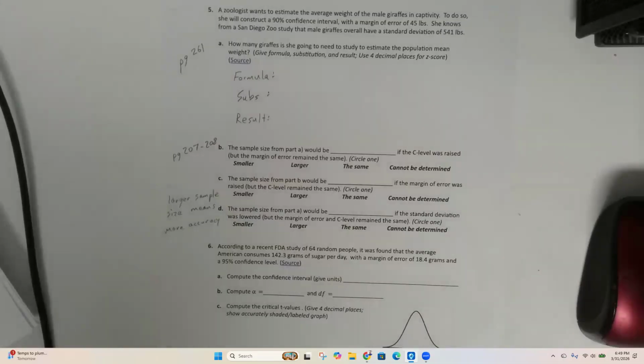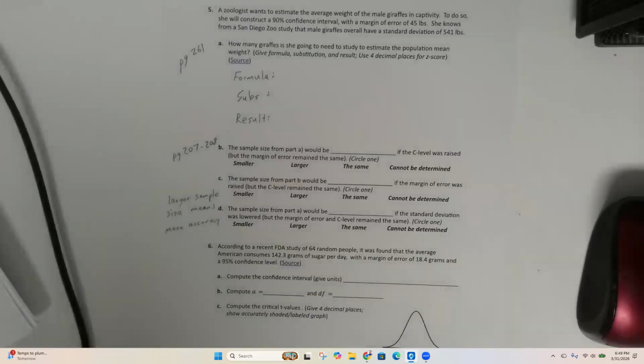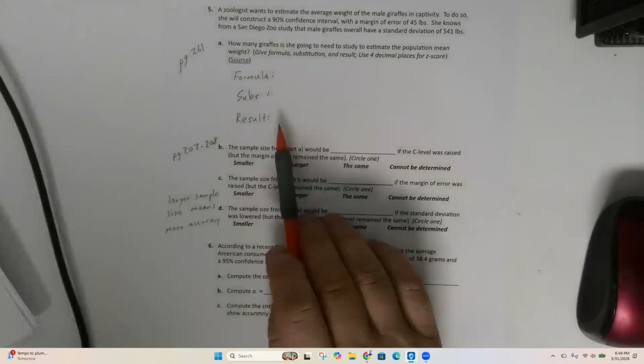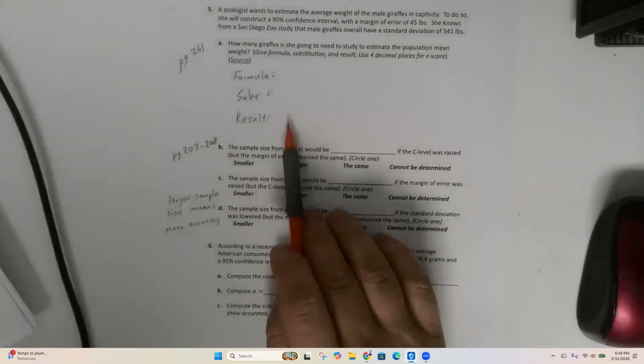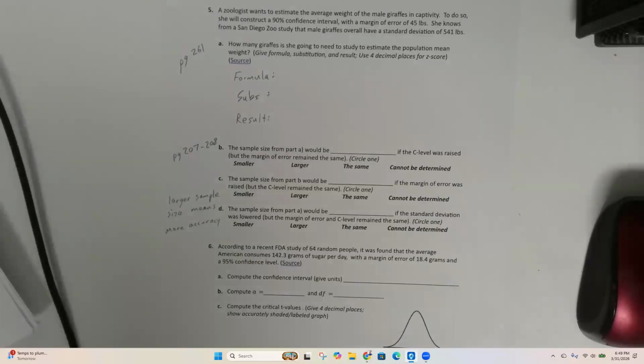So it could be dangerous, right? I don't know how dangerous giraffes are, but in order to give an accurate confidence interval, you need your sample size to be big enough, right? We need n to be bigger than 30, or np and nq to be bigger than 10. But the bigger your sample size, the better, but it also means it's more expensive.